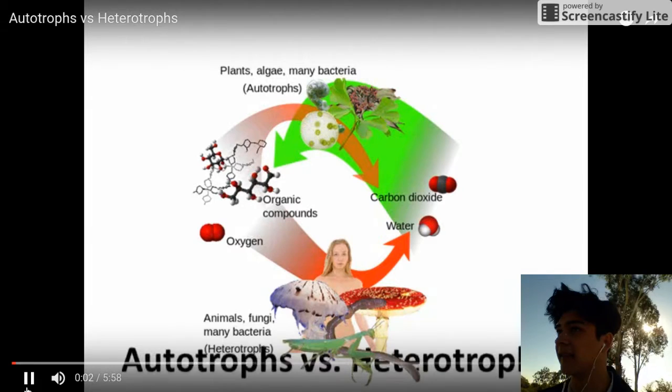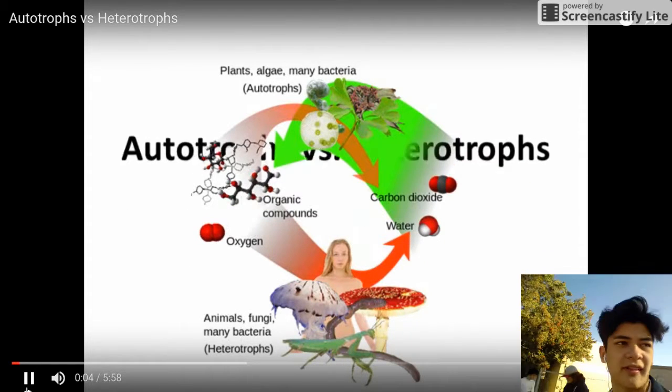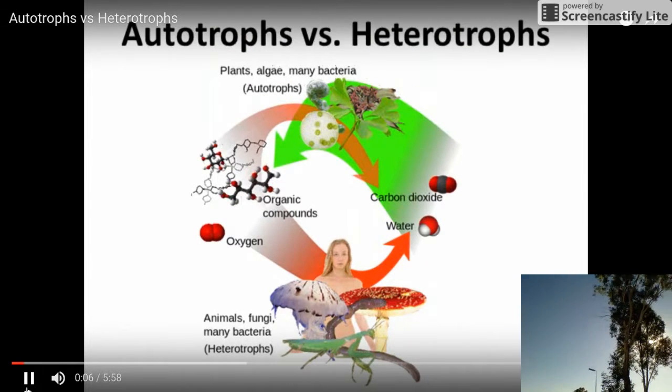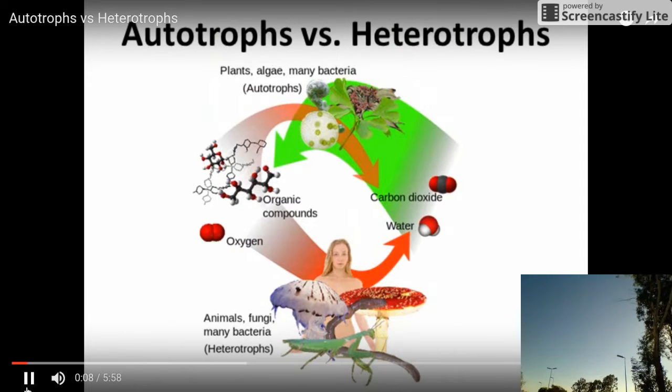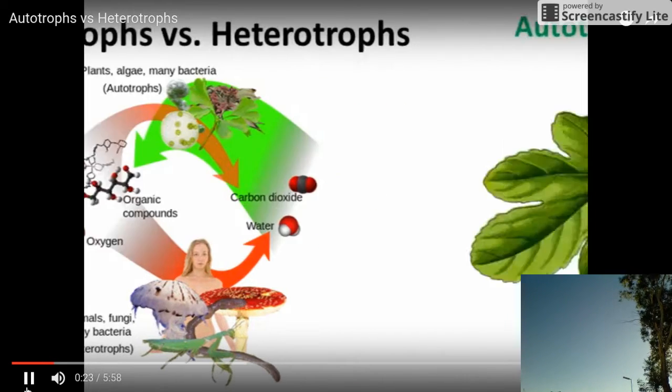Okay, so the topic of this video is going to be some of the basic differences in how organisms get their energy. There's two broad categories of how organisms get their energy on Earth. Organisms are either called heterotrophs or autotrophs. All life needs energy, but how they get their energy is a little different from one another. So let's start with the autotrophs.